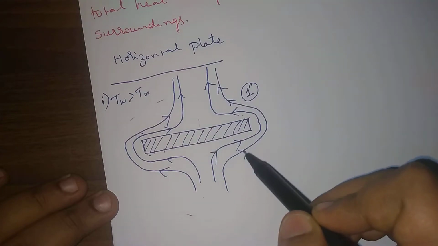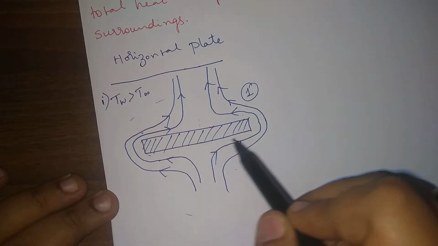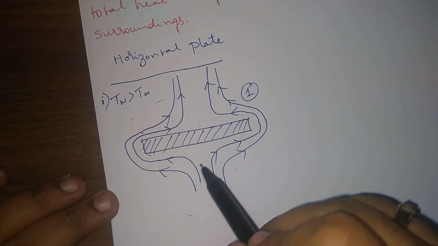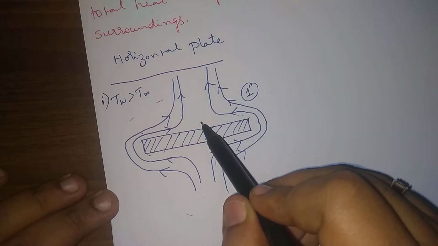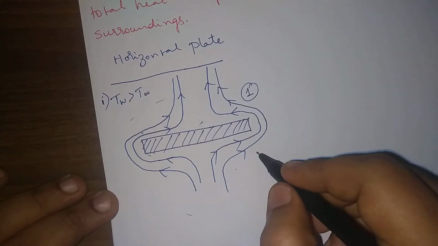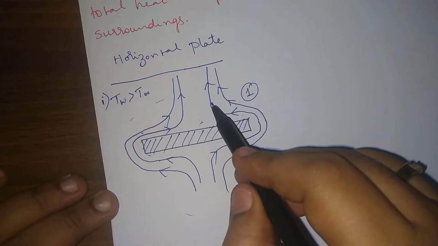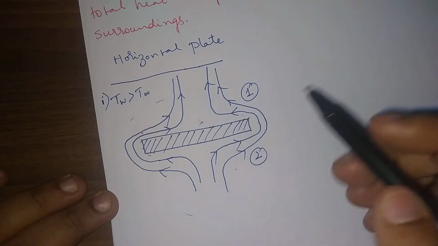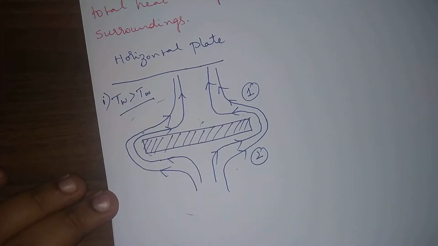The way the air is moving, the contours, the shape, or the direction, the pattern of movement of air on the bottom side is different from the top. You can see clearly. So I can name it as 1 and 2. That means 1 represents the top face and 2 represents the bottom face. This is for the case of when T wall is greater than T infinity.